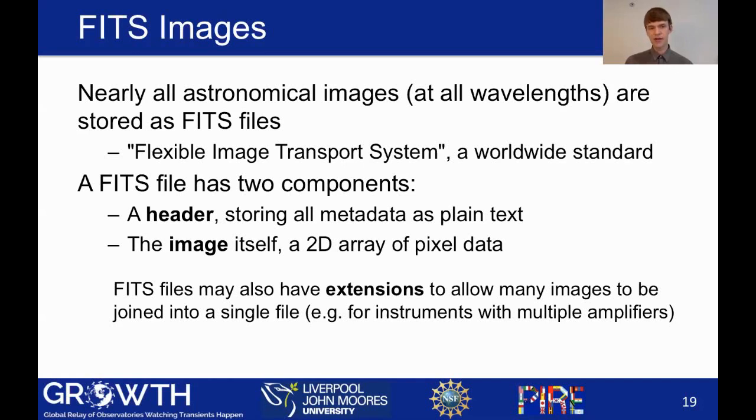The second component is the image data, the value associated with each pixel in ADUs, which is usually a 2D binary array in the case of optical imaging, although for other wavelengths can take different formats. FITS files can also have extensions to allow many images to be stored together in a single file, which is useful, for example, for instruments that have multiple amplifiers or even multiple CCDs.